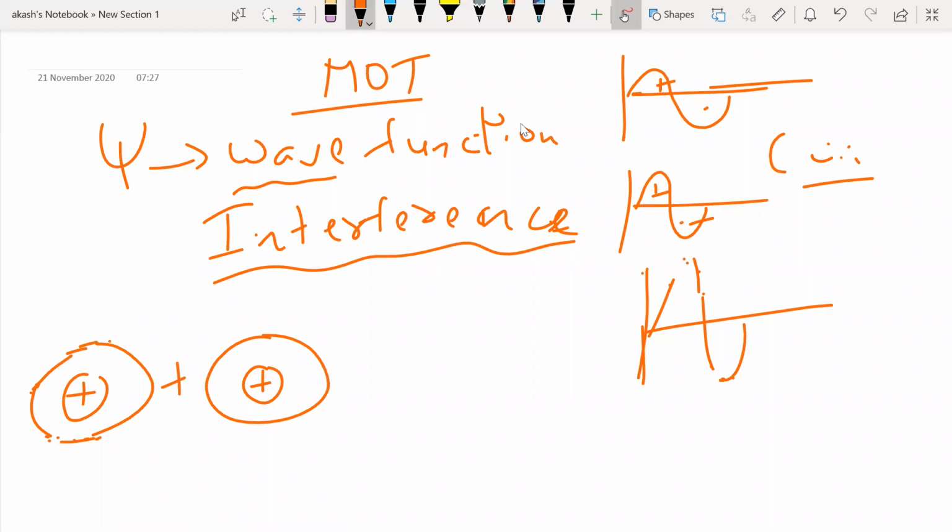There is no negative part. You can even put negative, no issues. It's just a representation. This plus doesn't indicate any charge here. Please do not confuse yourself. So these are two s orbitals. Now if I put a plus, obviously that means they're going to constructively interfere. Now how is the molecular orbital going to look?